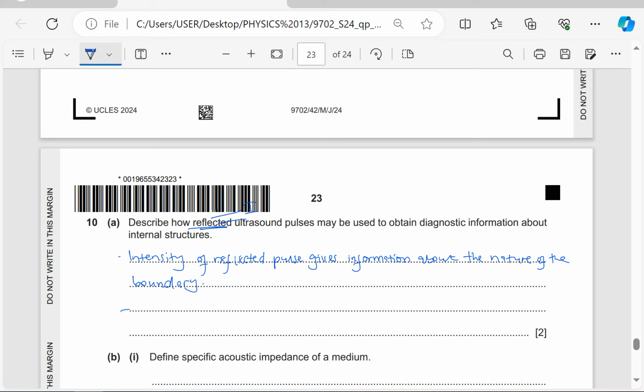That is one. Number two, the time delay. That is the time it takes for the pulse to go and come back. That is the time delay.